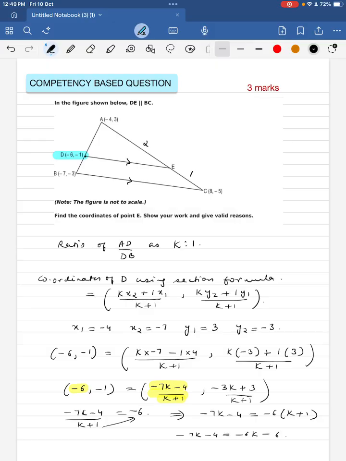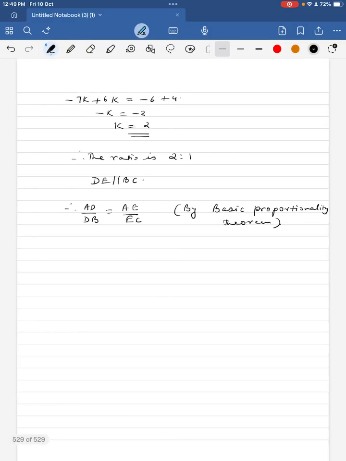Okay, so now we need to find the coordinates of E, which we can find out using section formula again. Okay, so I'm just drawing the line A, C, and then the point E here, which is dividing it in the ratio 2:1, just so that we can do the question a little easily.